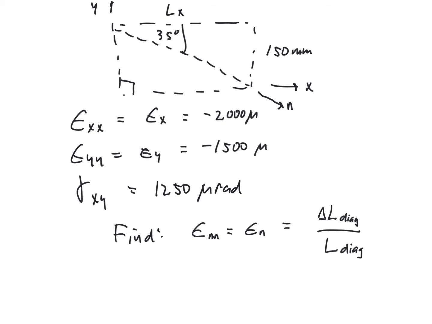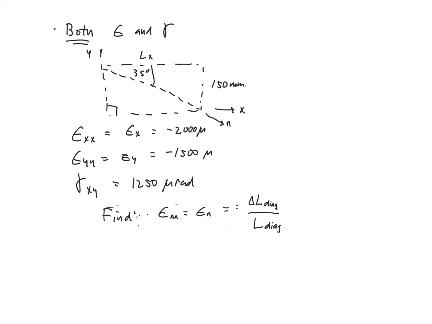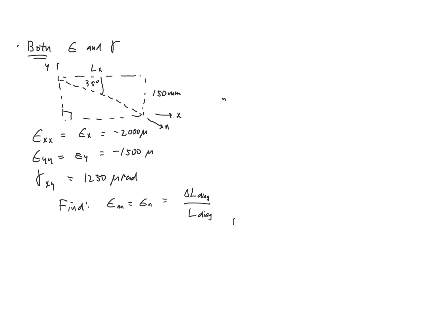Now, by way of kind of using this as a teaching example, let me shrink this down a little bit, and I'm going to give you kind of a helpful hint. Notice, remember that epsilon, let's just use x in this case, which is the change in the length in the x direction divided by the original length, that means that the change in the length, if I just multiply it up and switch sides, is going to be equal to Lx times epsilon x.